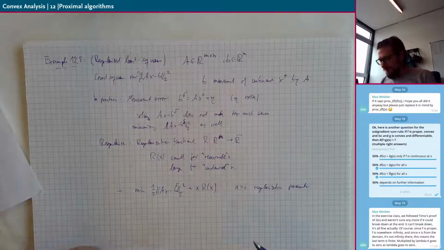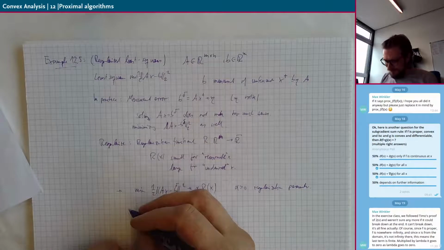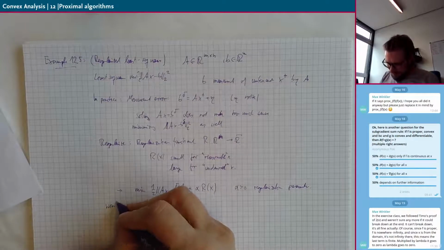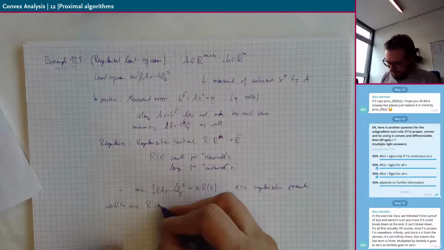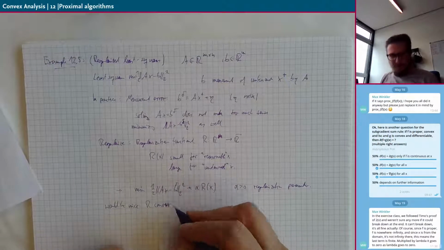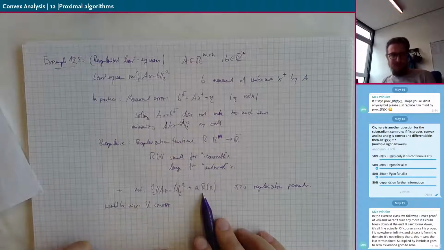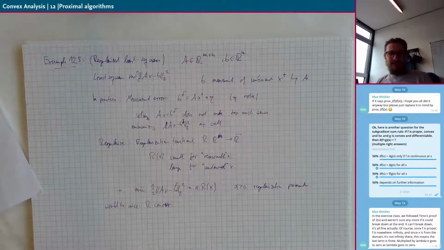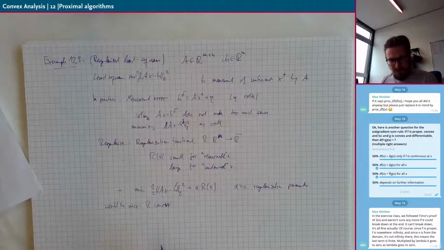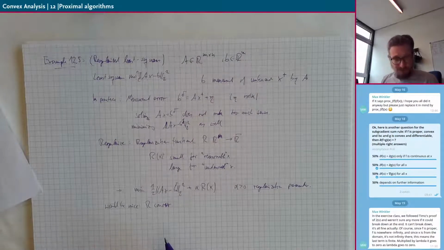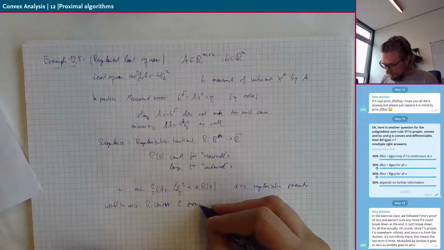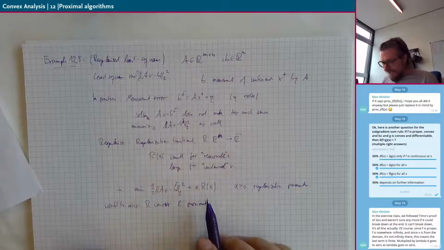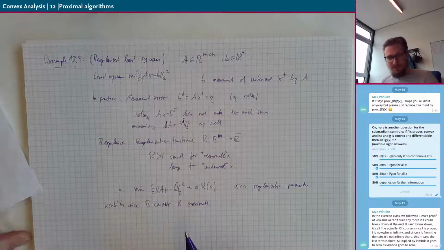And of course, what we would like is for R to be convex. This would be especially nice because then this would be a convex function in total, and all the things we've done apply. What would also be nice is if it were proximal, because then we could apply the proximal gradient method here.